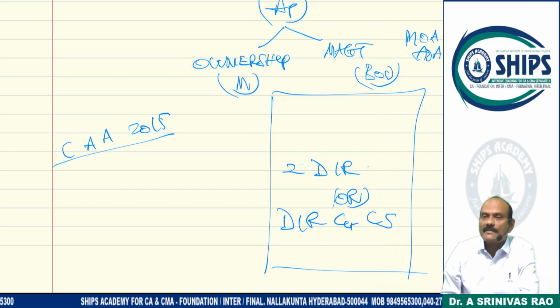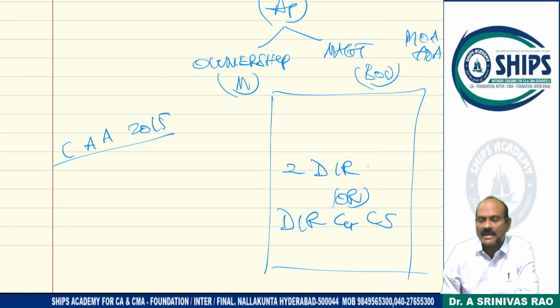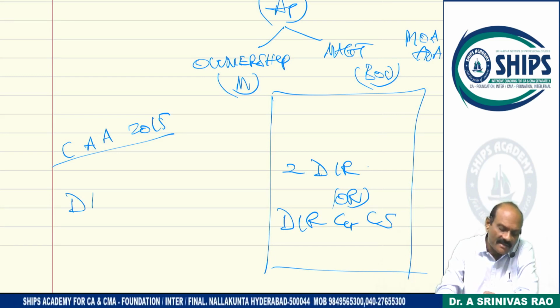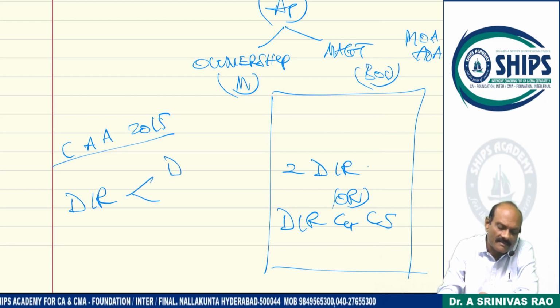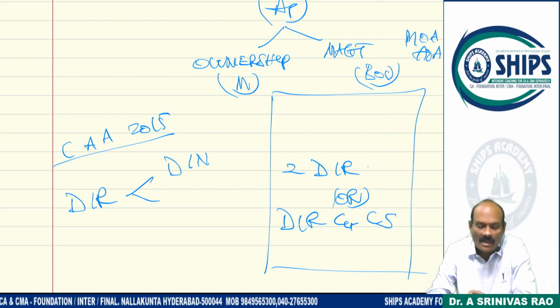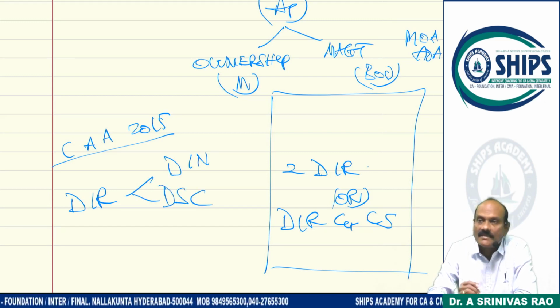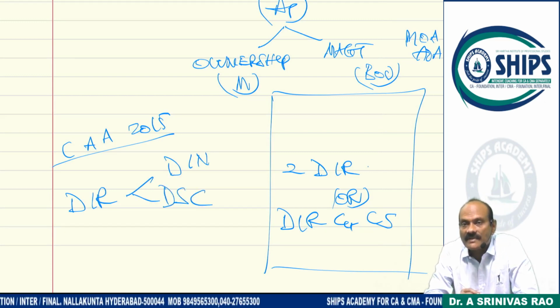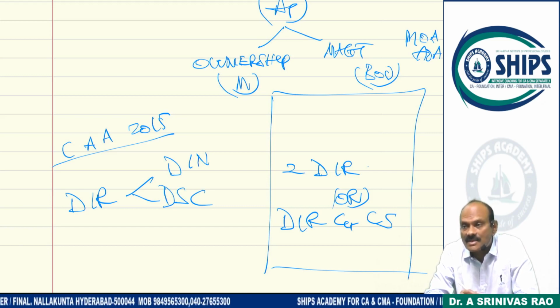If you want to become a director of a company, what are the requirements? Every director must have a DIN, Director Identification Number, and a DSC, Digital Signature Certificate, e-signature.